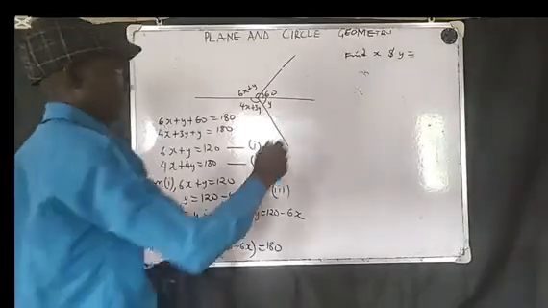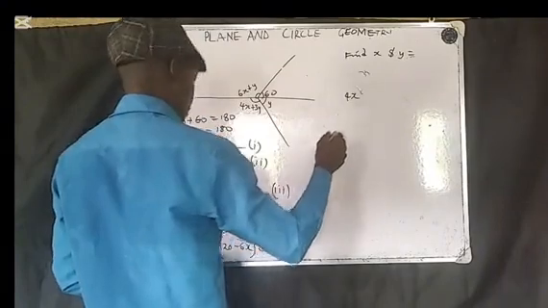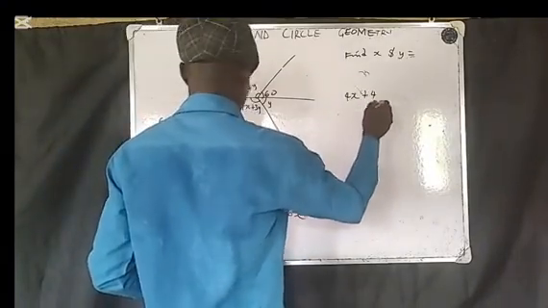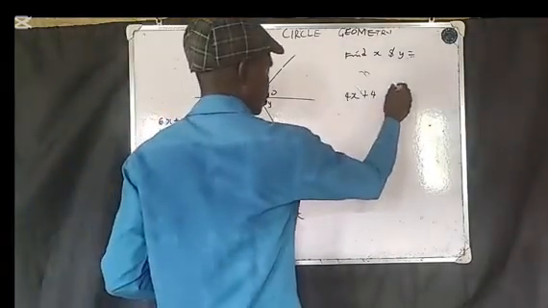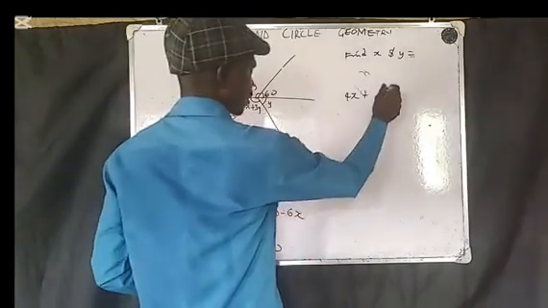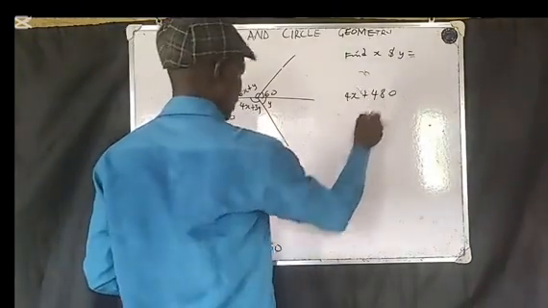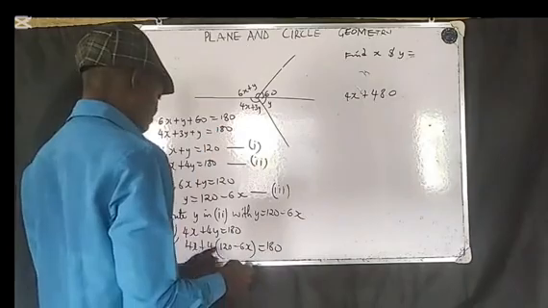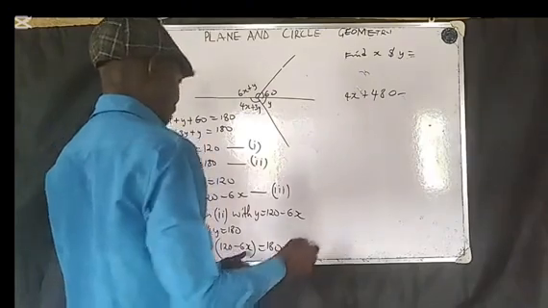So we have 4x plus 4 times 120. 4 times 0 is 0, 4 times 2 is 8, 4 times 1 is 4. So that's 480. Plus times minus is minus. 4 times 6x, that will be 24x.